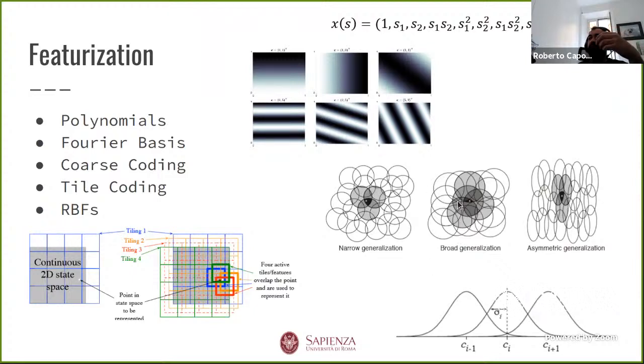But instead, if you have more intersection between these circles, you see that more circles turn gray, so they are at 1 when you are in a certain state.